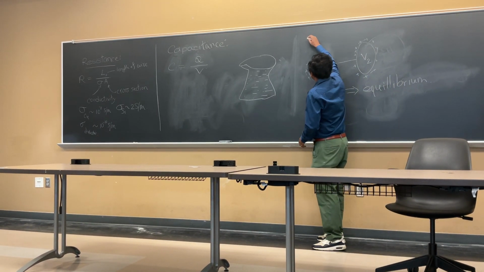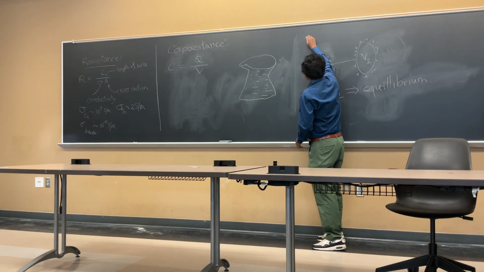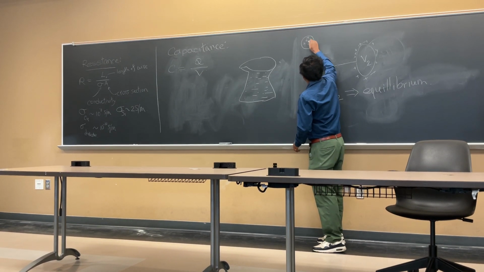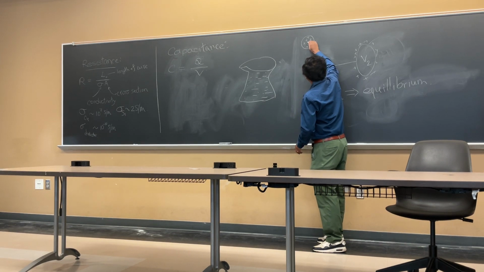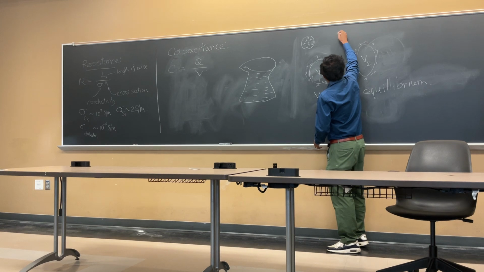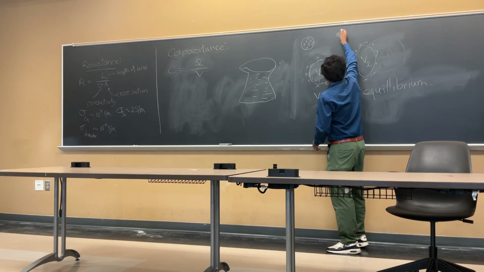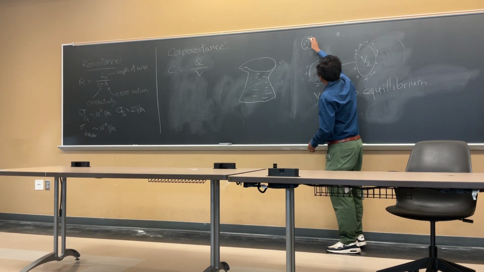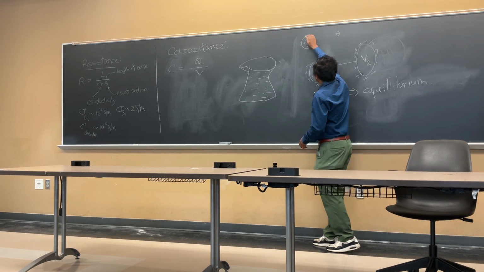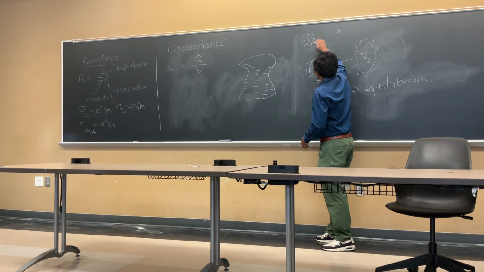Let's say that we are trying to store charge inside a sphere. How do we store charge? We bring some other charges from space to the vicinity of the object. Let us say that this object has already acquired some charges.